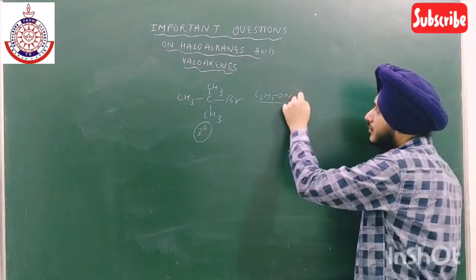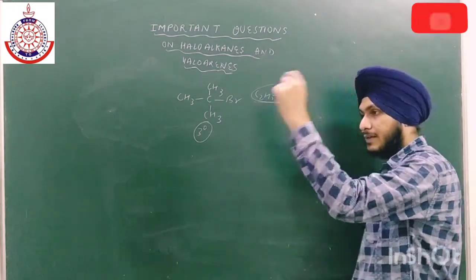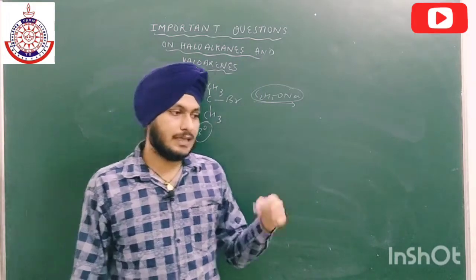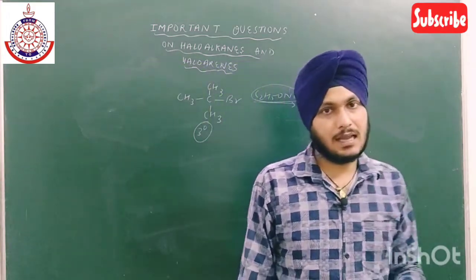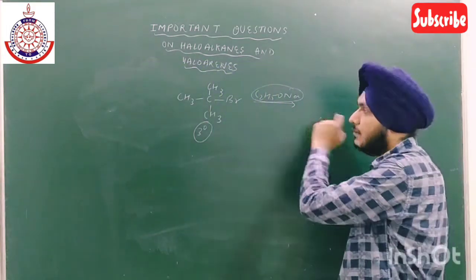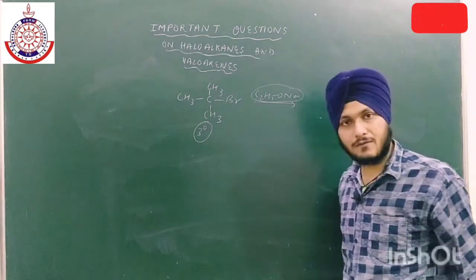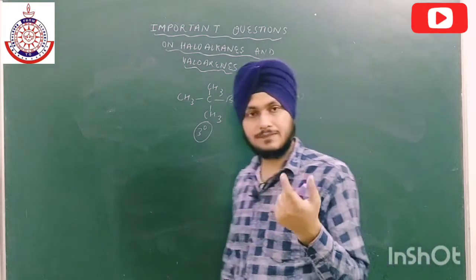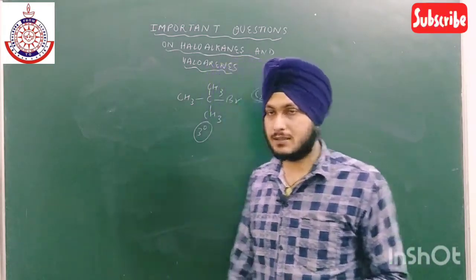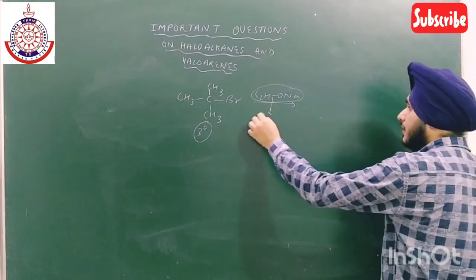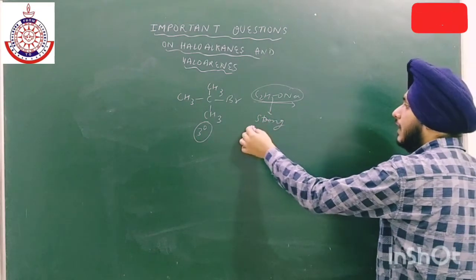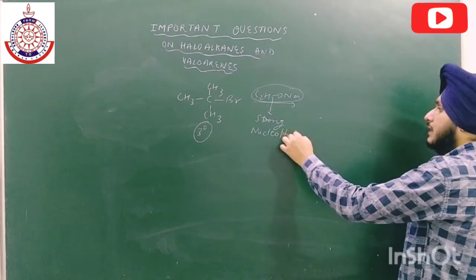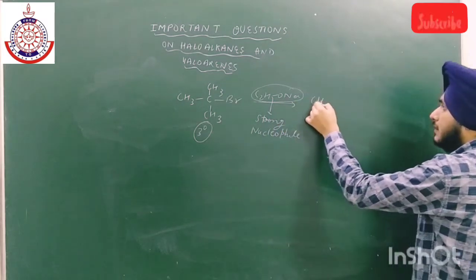If we have a strong nucleophile, then elimination overpowers substitution. Elimination will take place, not substitution. And if we have a weak nucleophile, like water, then substitution will take place. So here, since this is a strong nucleophile, dehydrohalogenation, or elimination, will take place. And what will be the product?